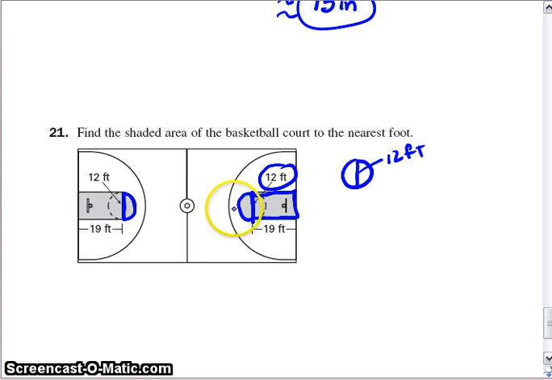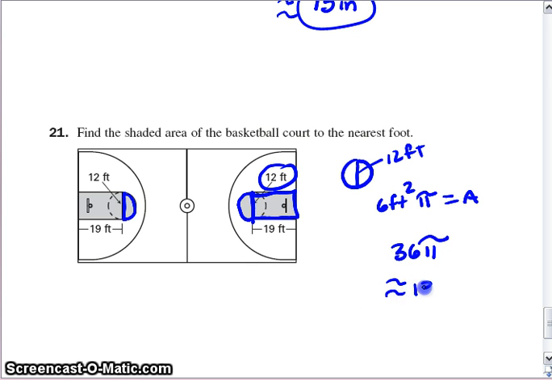All right. So to find the area of those two half circles, we're going to take 6 feet, which is our radius, and square it, and multiply it by pi to get the area of the circle. Well, 6 squared is 36 pi. All right. 36 pi is approximately 113 feet squared.